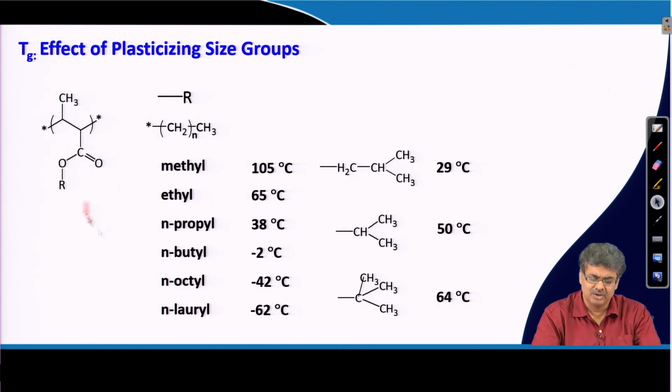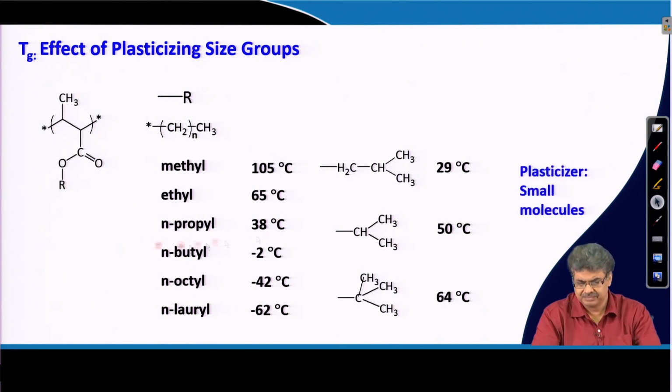Long linear side chains actually increase the flexibility and increase the free volume. As a result, the Tg goes down. If we add small molecules which are miscible, which dissolve in the polymer matrix, the Tg decreases quite significantly, and that is used for aiding the polymer processing.